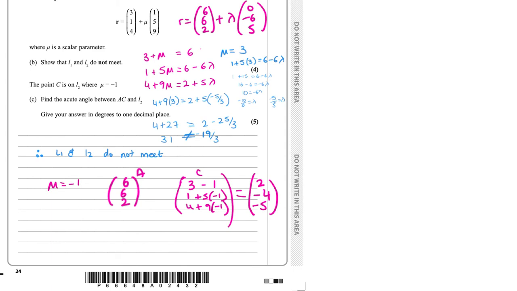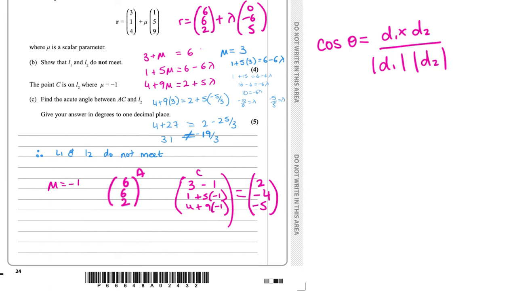Dot product. What is the dot product rule? Cos of theta equals D1 dot D2 over the magnitudes of the direction vectors, absolutely.